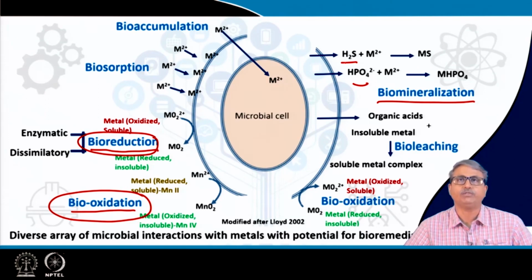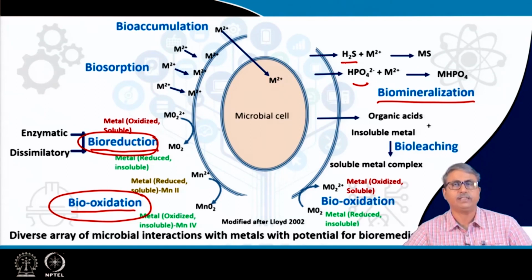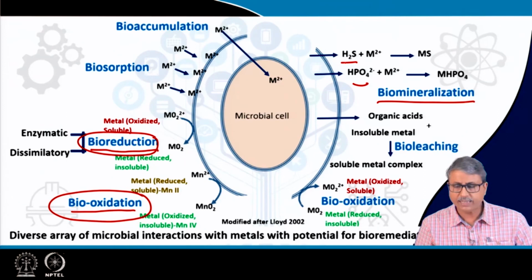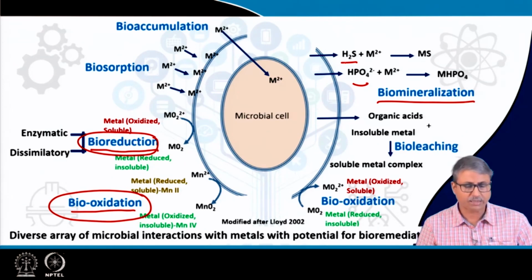Alternatively, phosphate ions are produced by many bacterial strains using external organic phosphate donor molecules. These phosphate groups are also able to interact with the positively charged metal ions, and then they produce metal phosphate complexes. So, it is basically these two types, the redox transformation based processes and the biomineralization based processes.